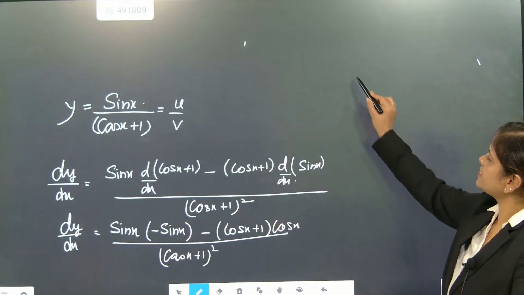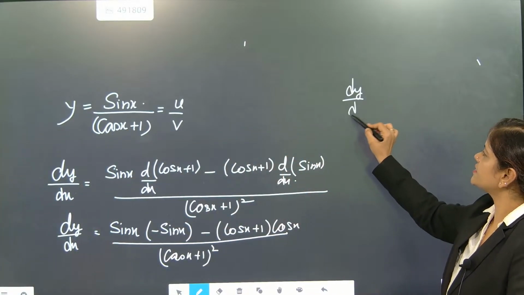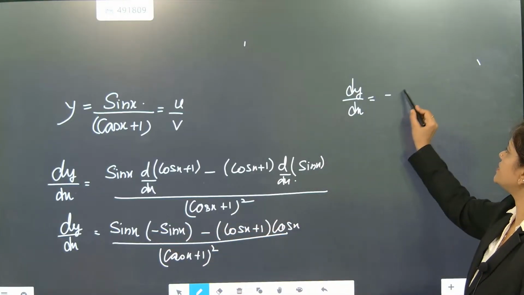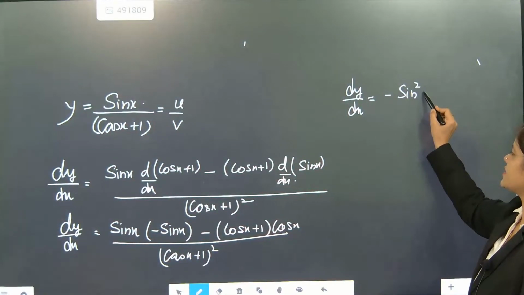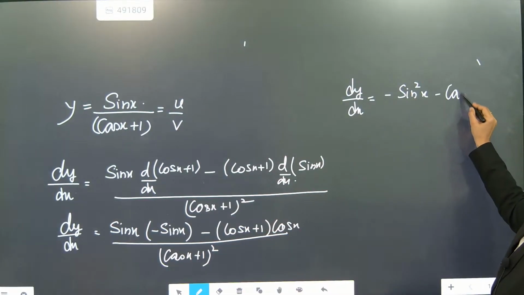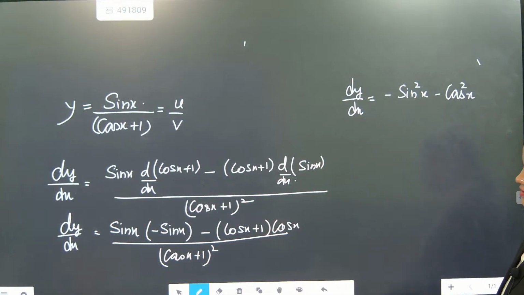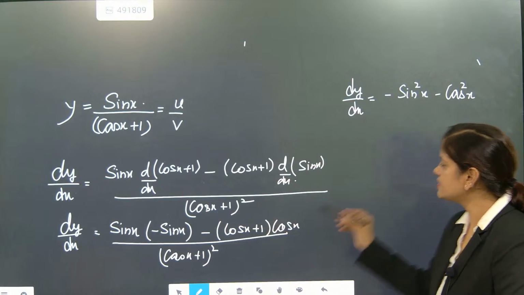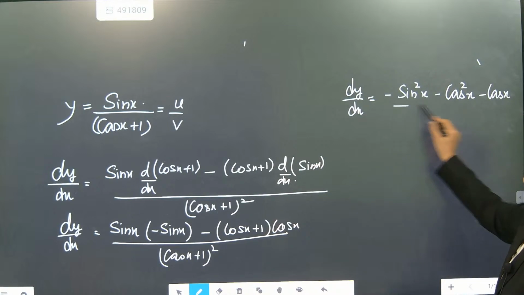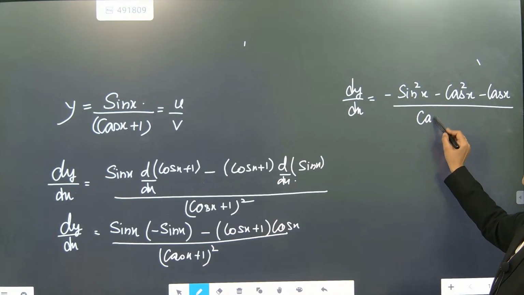The next step is dy by dx. Here sin and sin will become minus sin square x. Now with the cos and cos will become minus cos square x. Okay, and then minus cos x. Minus cos x. And here denominator part will become cos x plus 1 whole square.